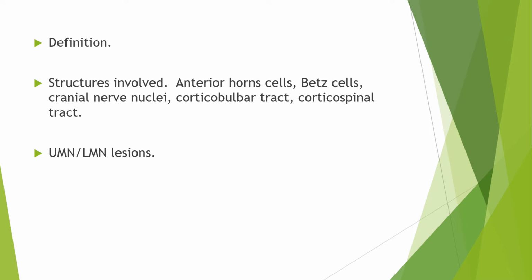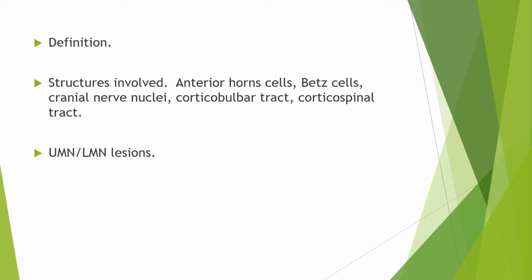And what are the lower motor neuron lesions? The anterior horn cells and the cranial nerve nuclei are the lower motor neurons. If they are involved, the features will be of lower motor neuron type, and the features of lower motor neuron type are hyporeflexia or areflexia, hypotonia, the plantar would be downgoing, power will obviously decrease, and there may be fasciculations.